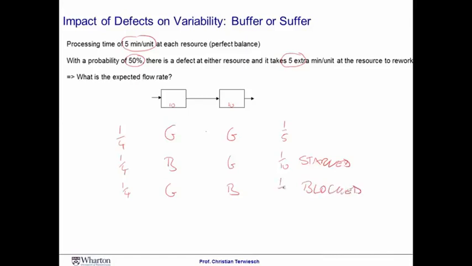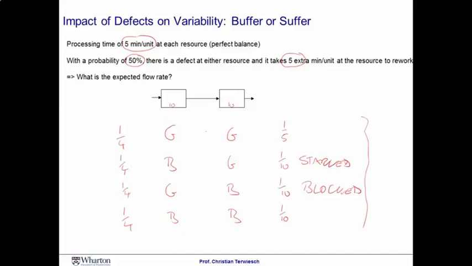And then finally, of course, if both of them mess up, which also happens with a probability of 1/4, I'm also going to get the process completed every 10 minutes. So you notice that on average, the flow rate is actually dramatically slower than 1 unit every 5 minutes. That is because of the variability.